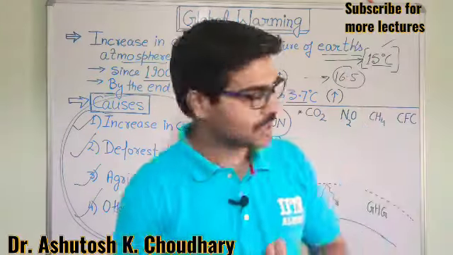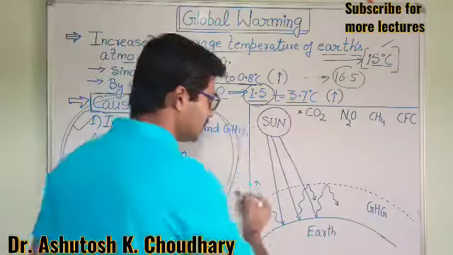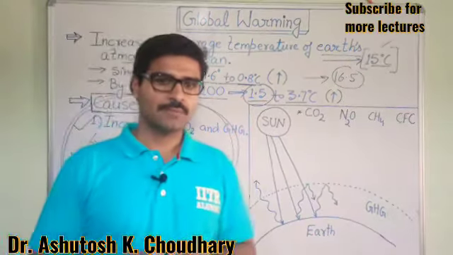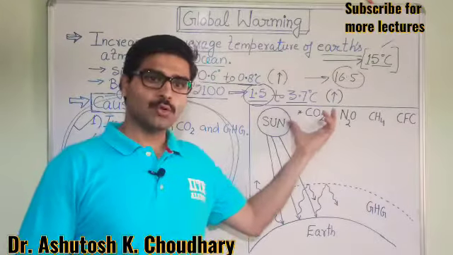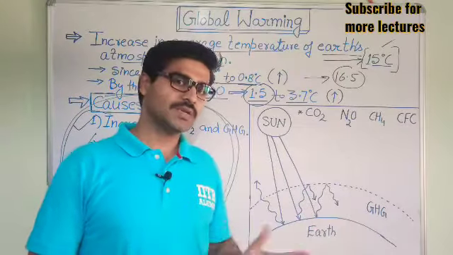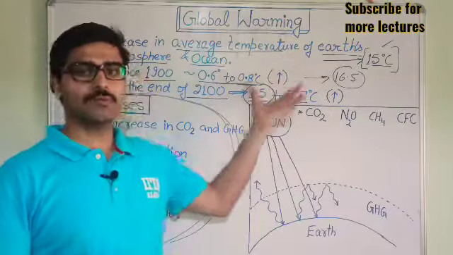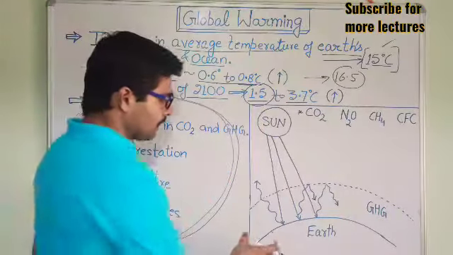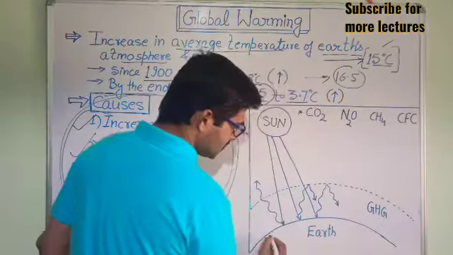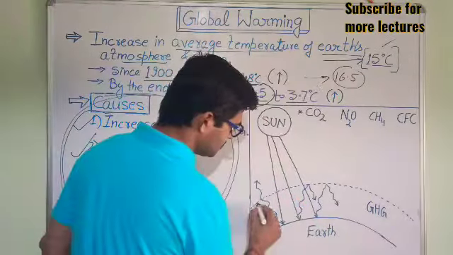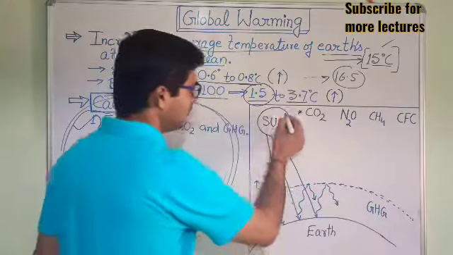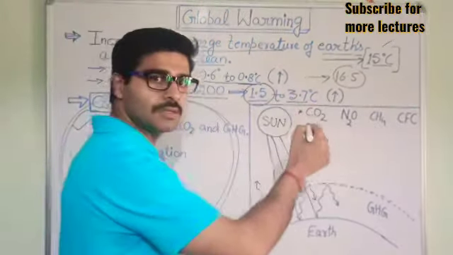Now try to understand the concept of the greenhouse effect. What does it mean? What is the greenhouse effect? If you are able to understand this concept, then global warming is easy to understand. Suppose this is the earth surface, this is the boundary layer of the atmosphere, and this is the sun.